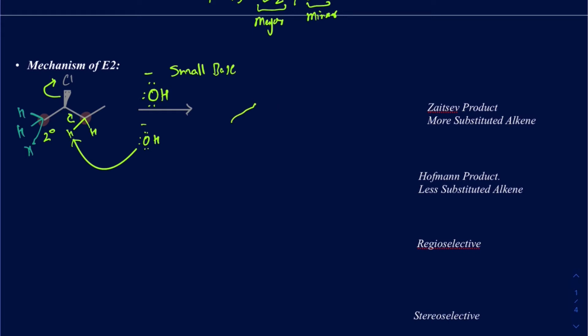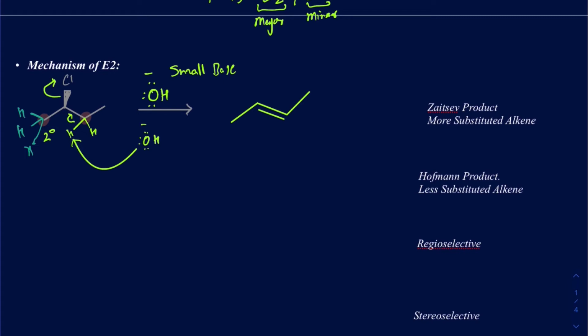So you're going to have a double-bonded alkene here, and I'll talk about the stereochemistry in a little bit, but right now I just want to focus on the regioselectivity of these E2 mechanisms. So it would rather pick the proton from the right carbon so that it can make a more substituted alkene.